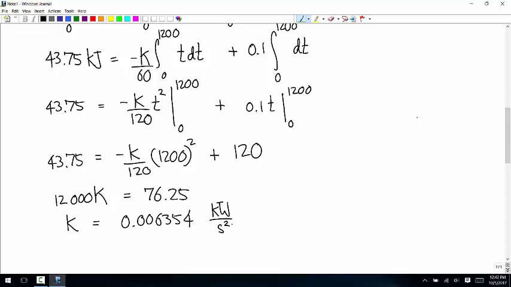Okay, so the key to solving that problem was having the problem written down correctly. Q dot is in kilowatts, yeah. Oh yeah, so no squared.